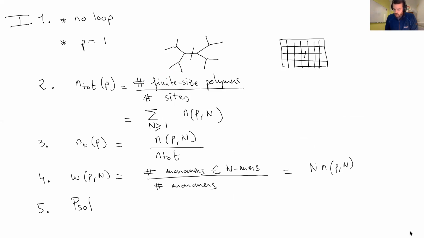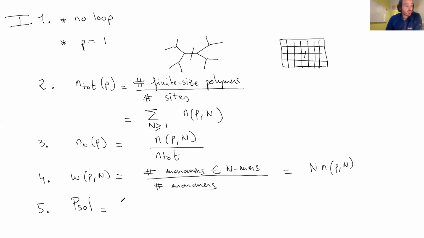Okay? So the sol fraction, based on what we said so far, is what, according to you? Fraction and probability is the same. Mm-hmm. 1 minus n tot? Not exactly, no. 1 minus the sum of WPN, I think.